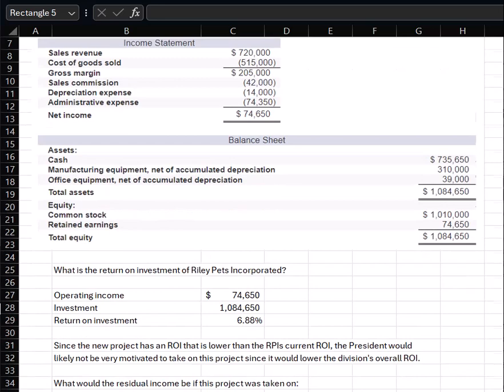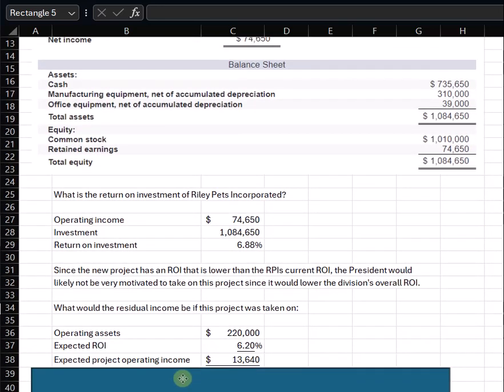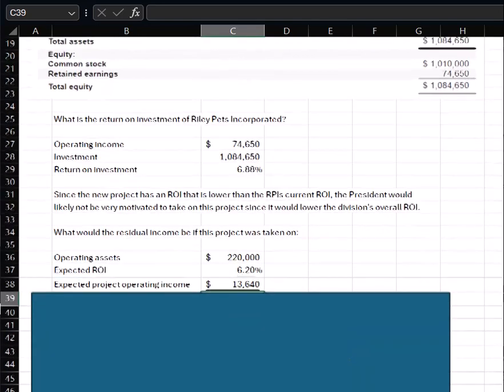Now, if we take the operating assets and multiply them times the expected return on investment, we're able to calculate the expected project operating income. The incremental operating income from this new potential use of $220,000 would be $13,640. That's part of the calculation.